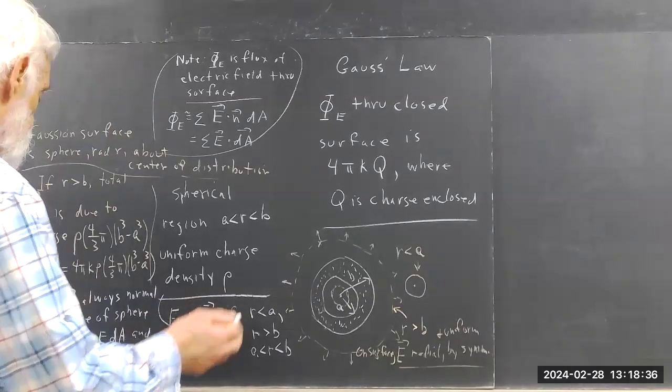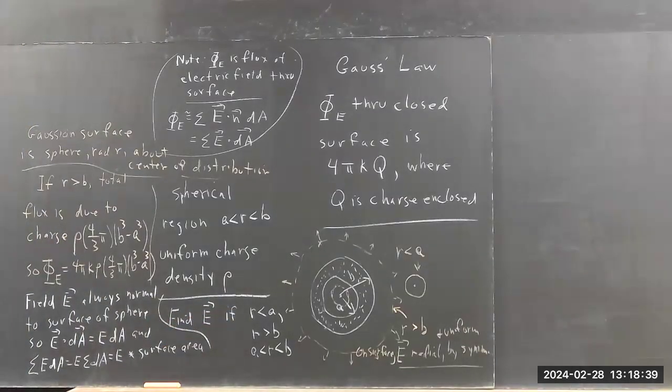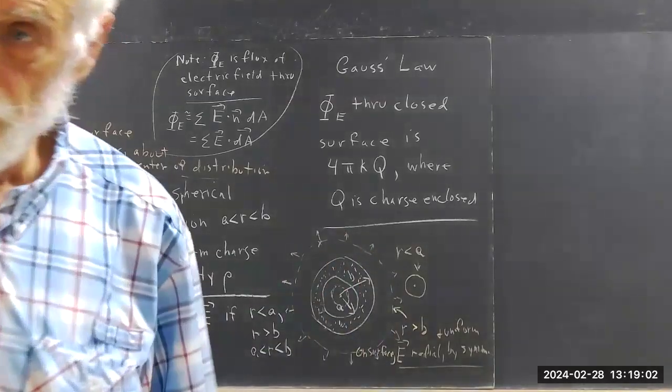And that's just E times surface area. Now, the sum of all your E dA's is phi sub E. So phi sub E is just the field times your surface area. Well, given that, tell me what the field is.